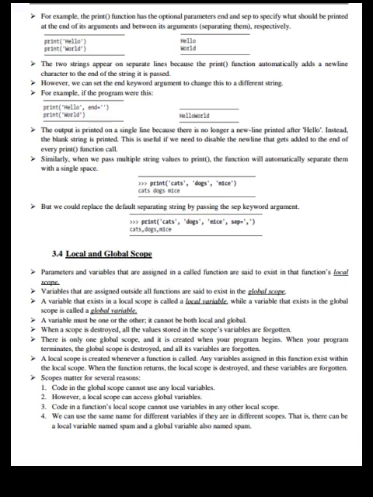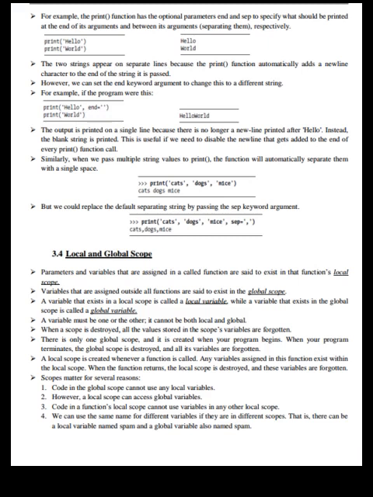This is useful if we need to disable the newline that gets added to the end of every print function call. Similarly, when we pass multiple string values to print, the function will automatically separate them with a single space. But we could replace the default separating string by passing the sep keyword argument. See here.